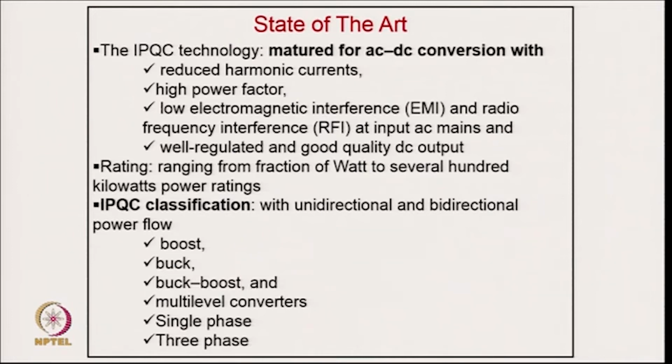For improved power quality converters classification, we classify them into different categories. These are the typical classifications: unidirectional, bidirectional power flow, boost converters, buck boost converters, multi-level converters. Of course, another classification can be based on supply, like single phase and three phase.